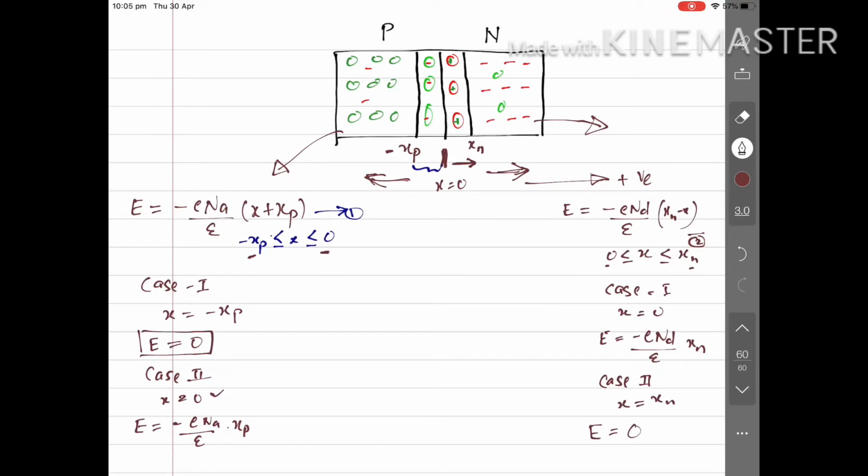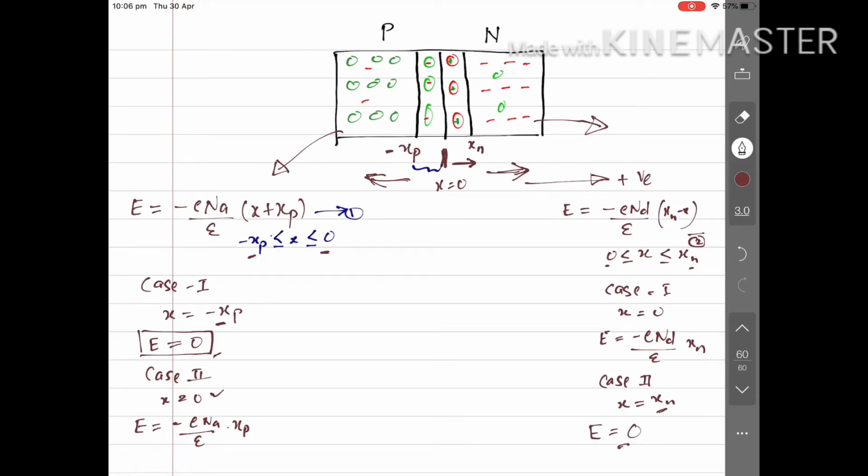So what we got from these cases is that when x is equal to minus x p and when x is equal to x of n, that is, the edge of the depletion region, either p side or n side, the electric field E is 0 in both cases.